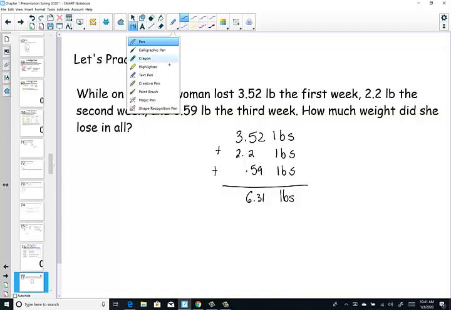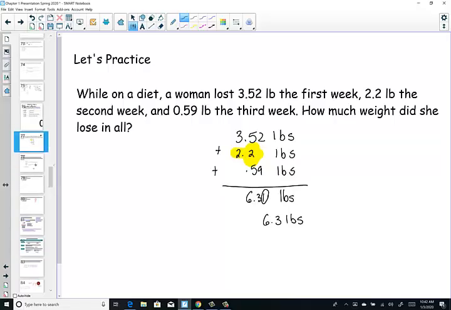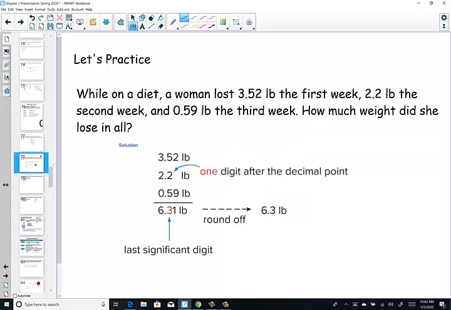I go back into my problem and I find the number that has the fewest decimal points given to me, which was the 2.2 pounds. That means I can only report the 1 decimal point and I must get rid of everything past that. So I'm going to have to get rid of the 1. I wouldn't round it, so this simply becomes 6.3 pounds. Since we have just 1 significant decimal, that's where we end with 6.3 pounds.